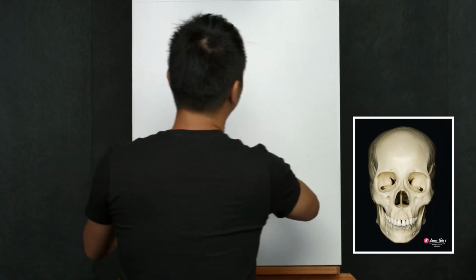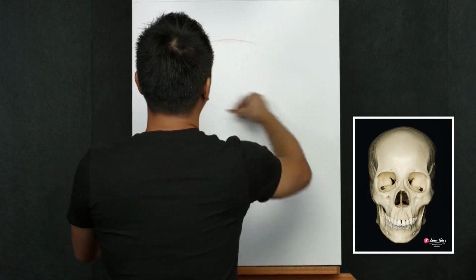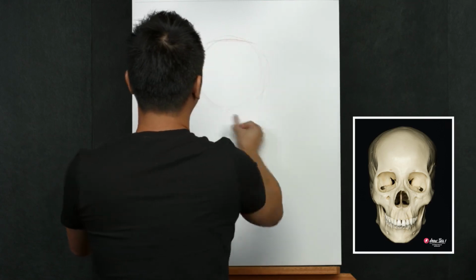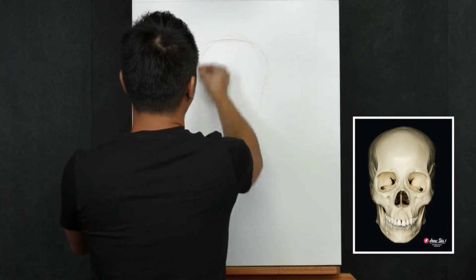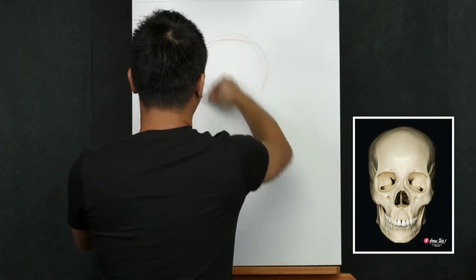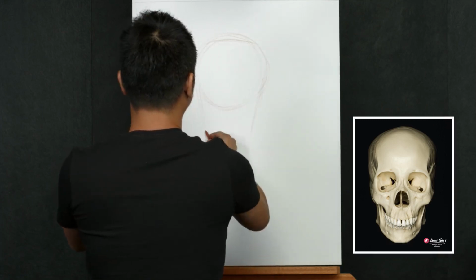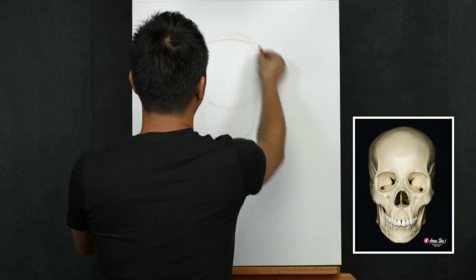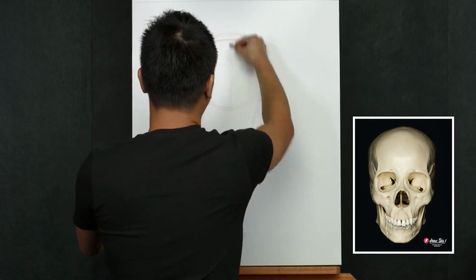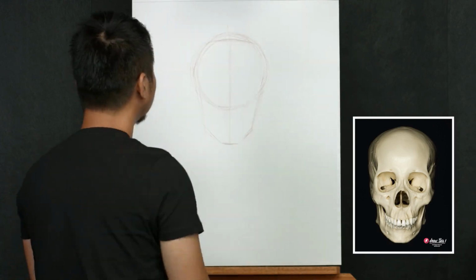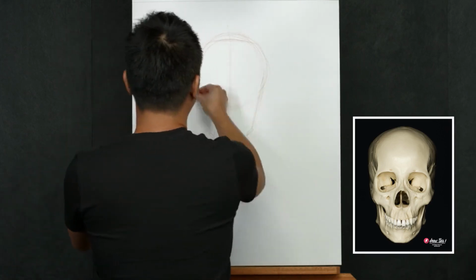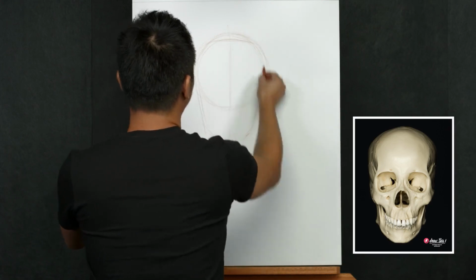Overall, the skull almost looks wider on the top, and has this shape to it. Same as if we draw the actual heads.